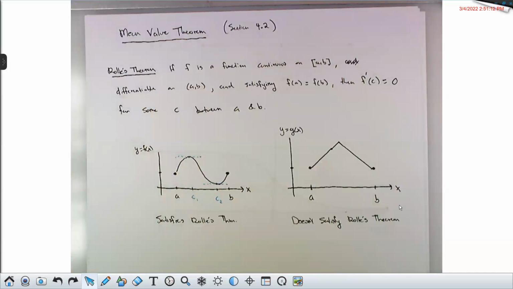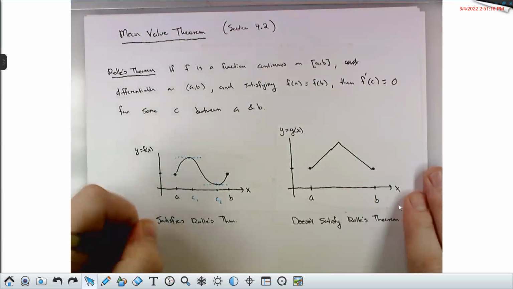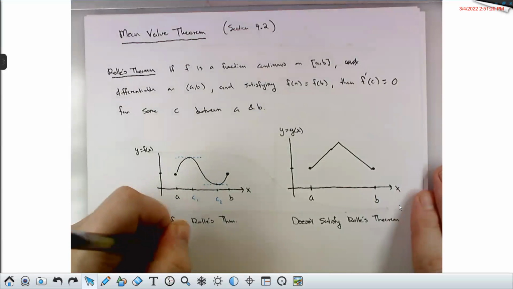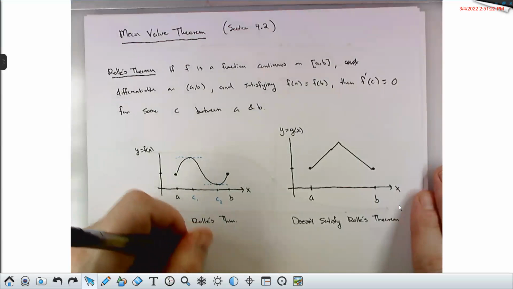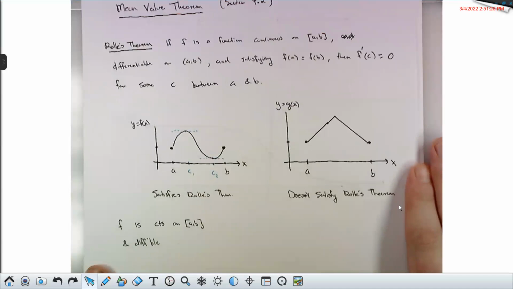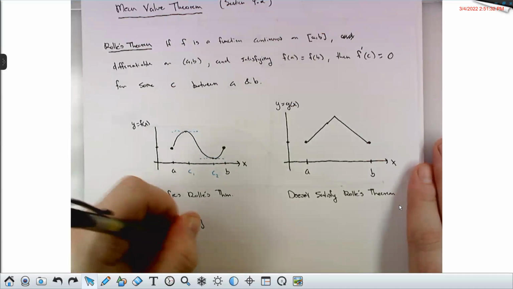So the picture, the graph of f, it is continuous on the closed bounded interval a, b, and differentiable, which I'm just abbreviating here because it takes a while to write, on the open interval a, b.